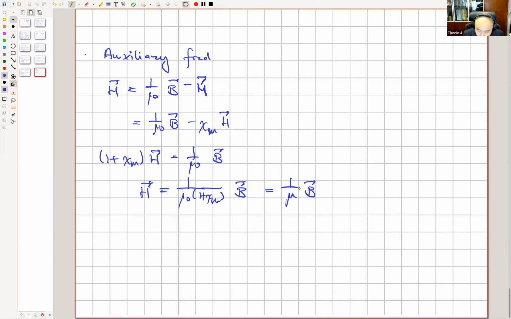So for these linear materials, the relationship between B and H, or between E and D, is simply a constant of proportionality, in which case instead of 1 over mu naught, I get 1 over mu, or instead of epsilon naught, I get epsilon.